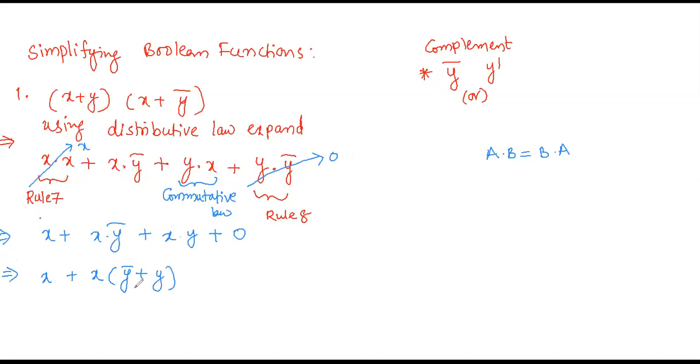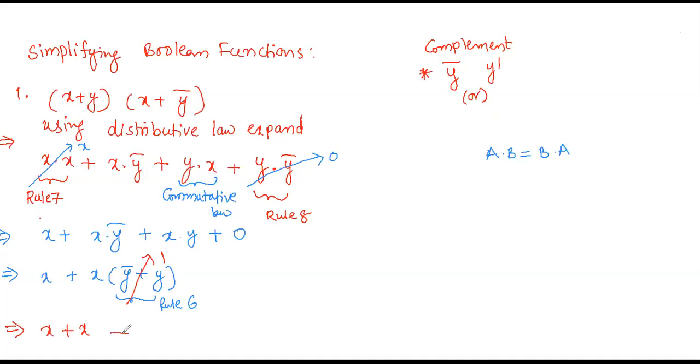What is y plus y bar? From rule number 6, y plus y bar is equal to 1. So you will get x plus x.